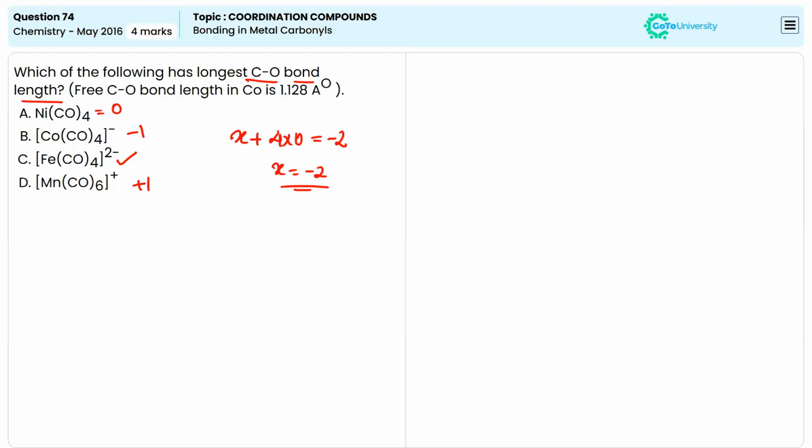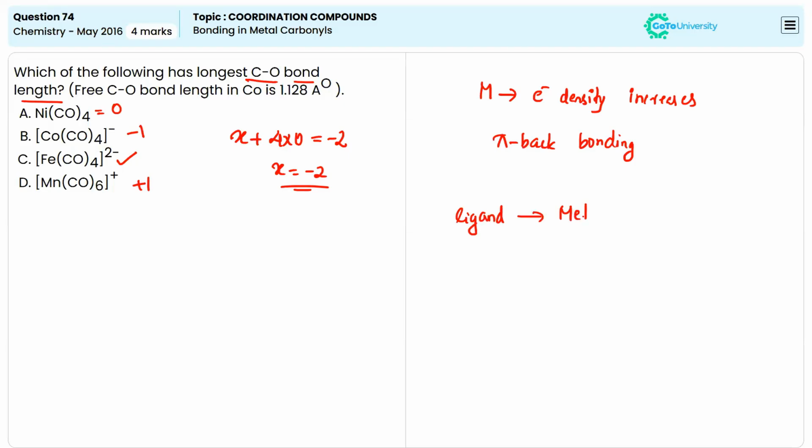It means the electron density is more on iron. So when the electron density on the metal is increasing, there is a possibility for pi back bonding. Usually the metal-ligand bond is produced when the ligand donates electrons to the vacant orbital of the metal.